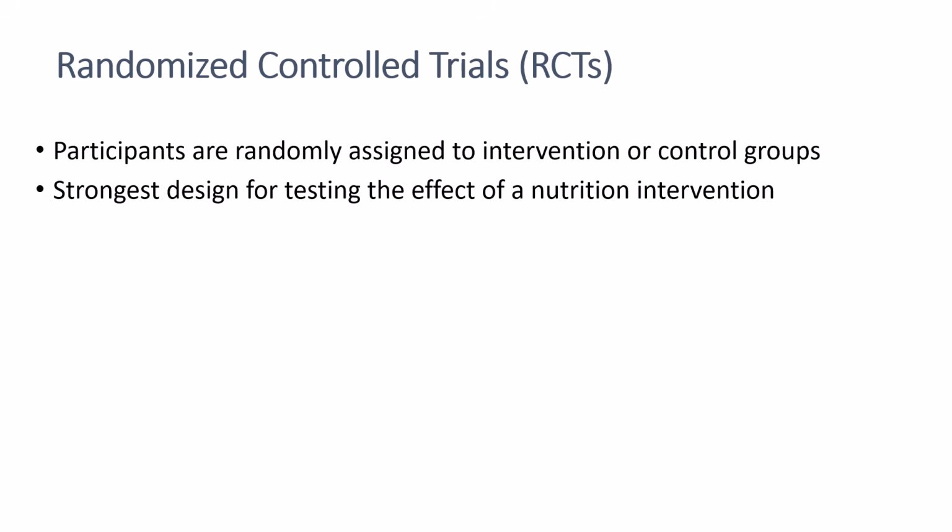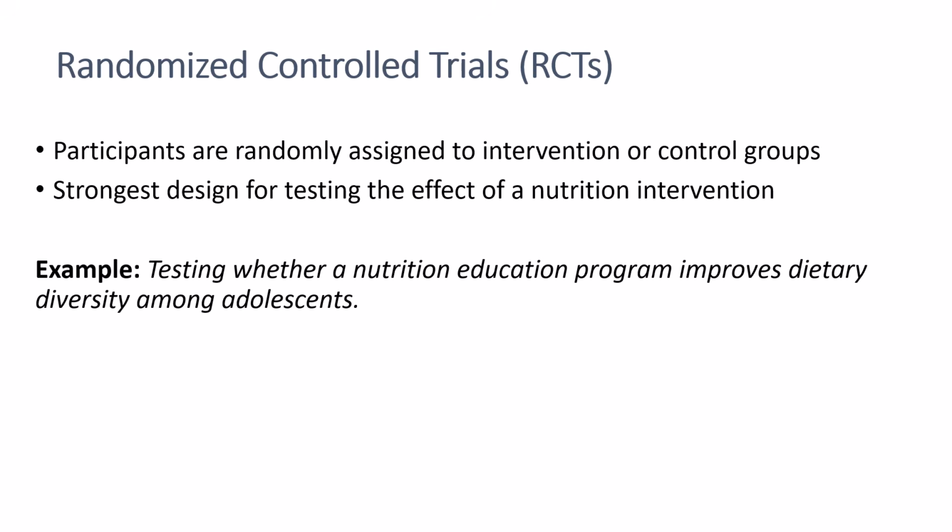We have the randomized control trial, where participants are randomly assigned to intervention or control group. This is the strongest design when you are testing the effect of nutrition intervention. You have an intervention group, you have a control group, but they are randomly assigned to these groups.